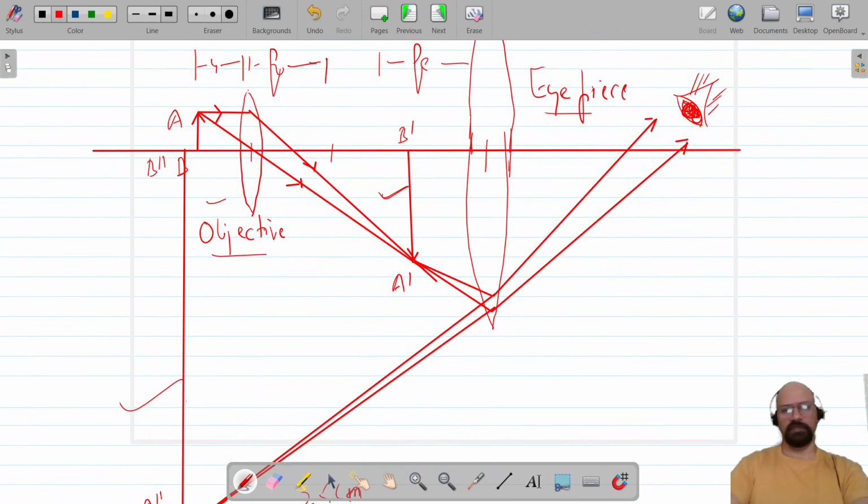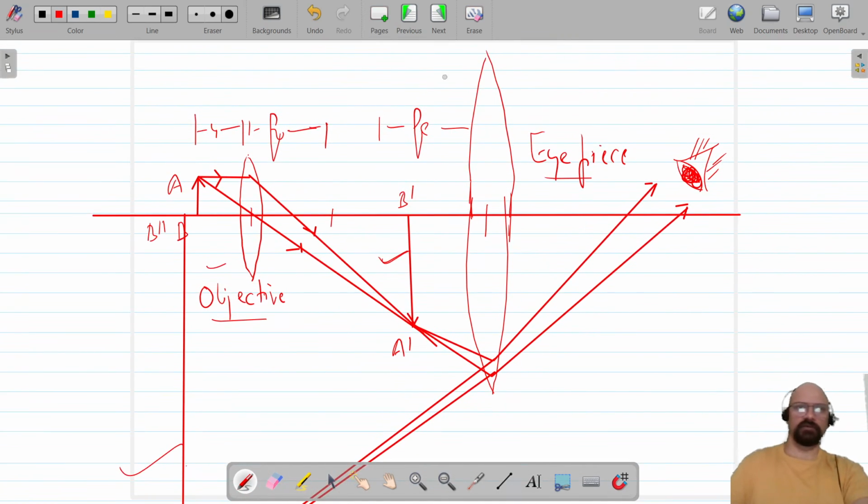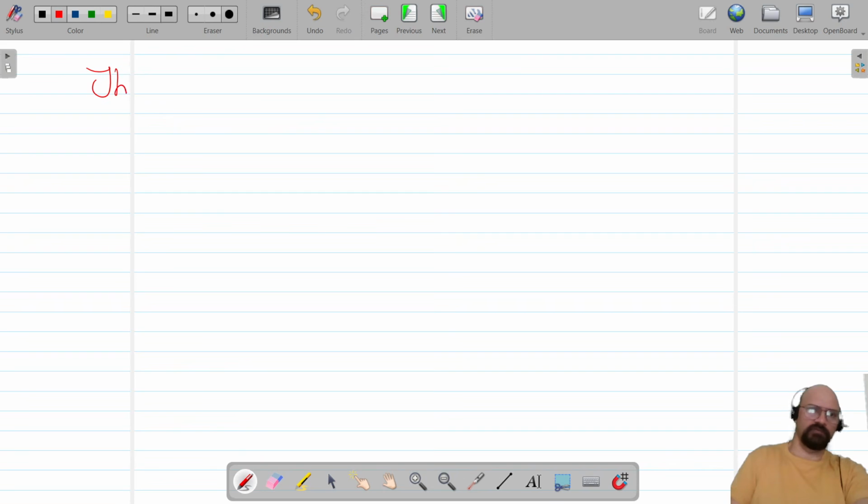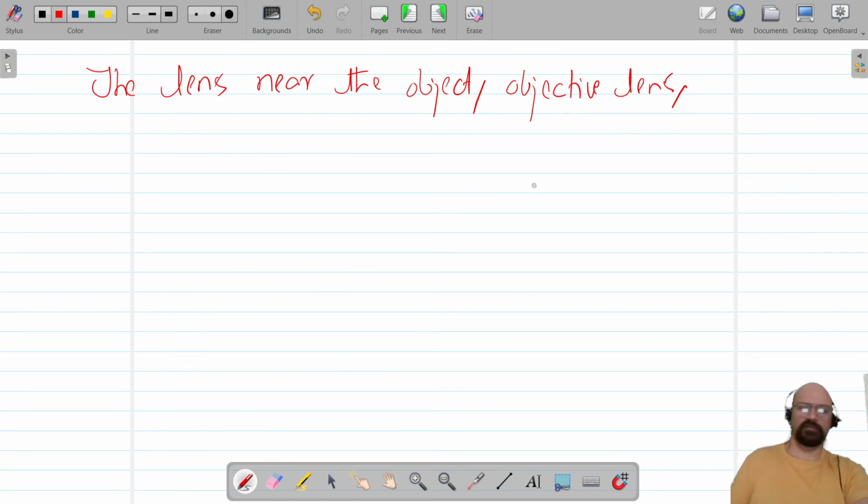Now we have to write the explanation. For the explanation, we will write that the lens near the object is called the objective lens.